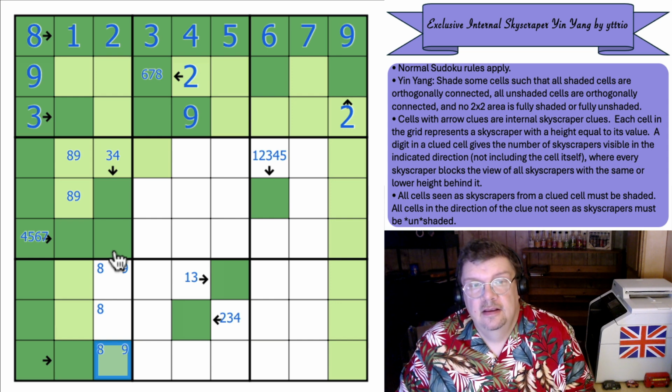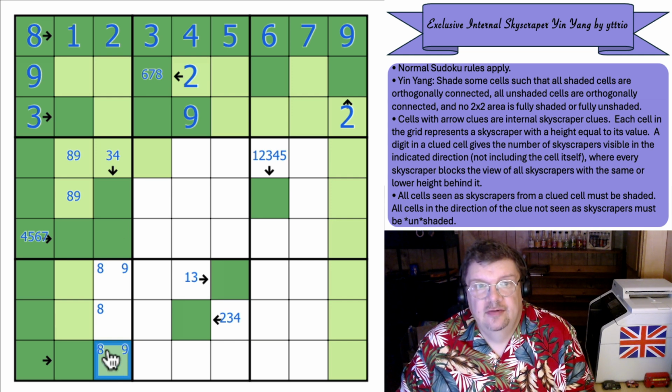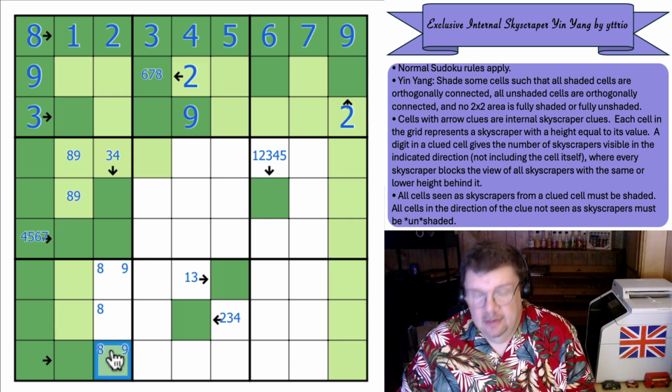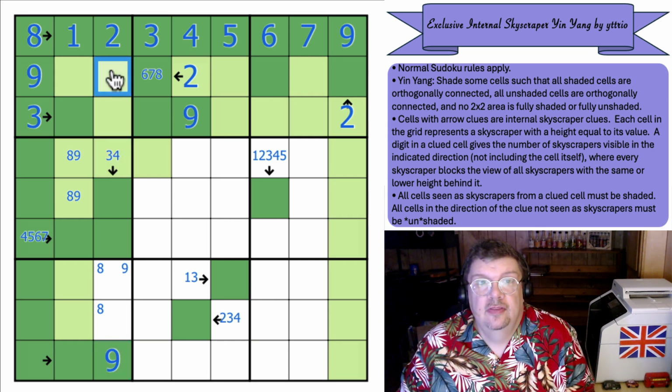If a clue sees a 9, it's the last shaded cell in that row or column from the clue's perspective. This is definitively the last shaded cell that this clue sees, and therefore that must be a 9. Because we know it sees a 9, because those can't be 9. Right.